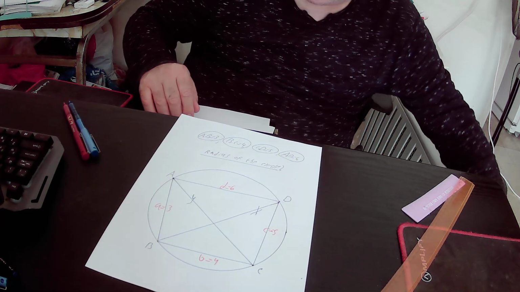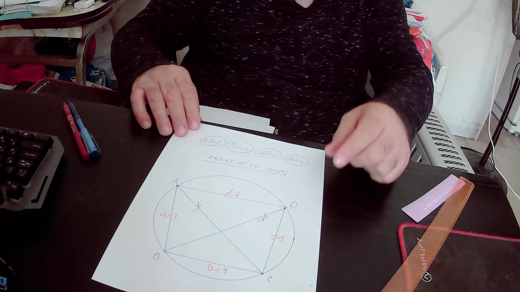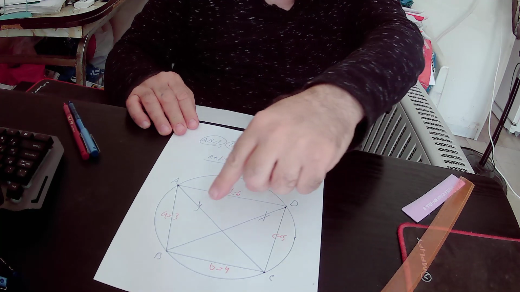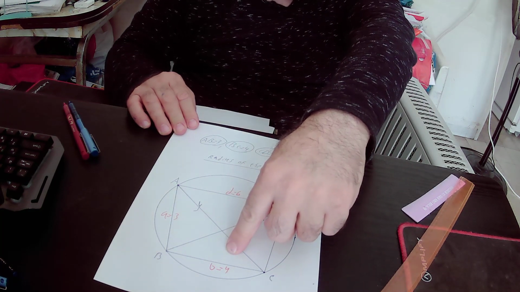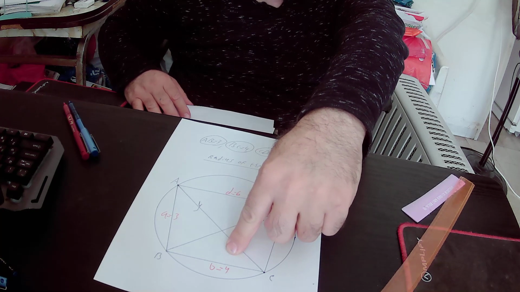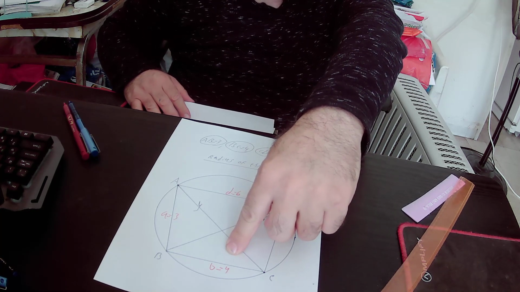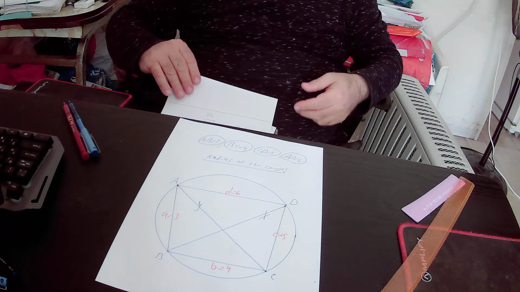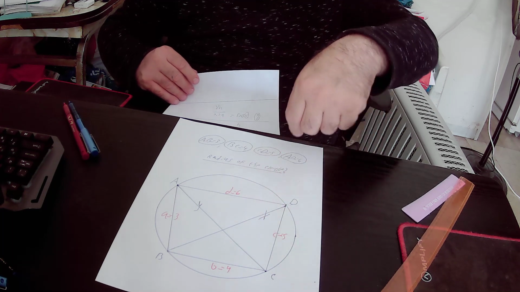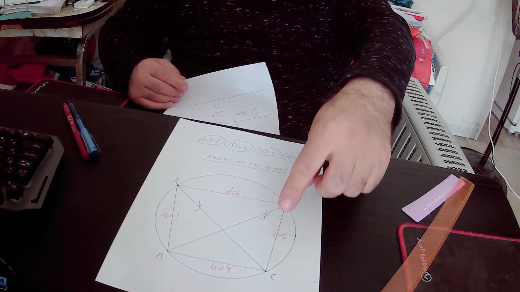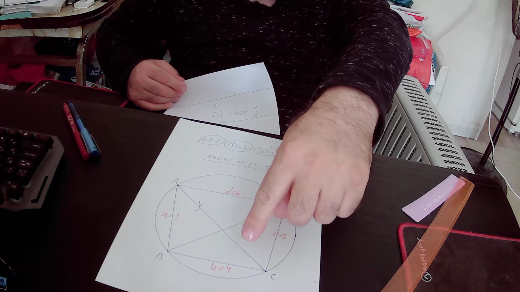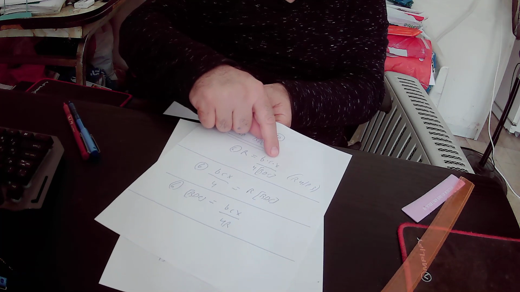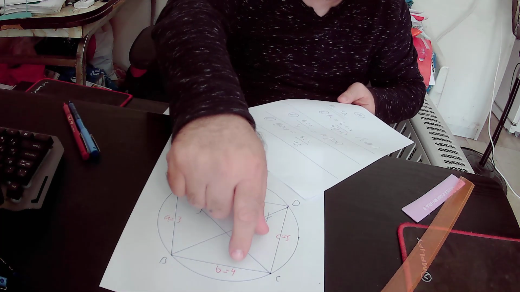Then we focused on triangle BDC. This triangle is inscribed in this circle. Therefore, according to rule number 3, the radius of this circle equals the product of triangle BDC's sides, that is to say, B times C times X over 4 times the area of triangle BDC.